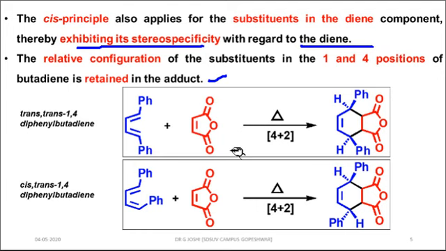These two phenyl groups are cis to each other. Similarly, when a similar reaction was performed using the cis,trans-1,4-diphenylbutadiene with the same maleic anhydride, it gave the trans product, in which they both are trans to each other.